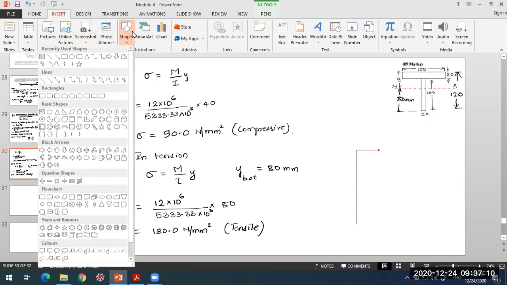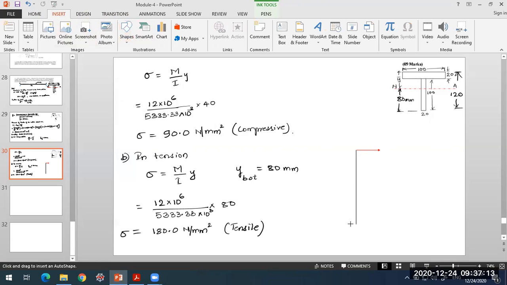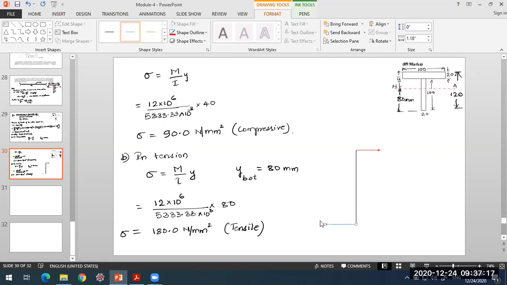Now on the bottom we have tensile stresses, so the direction should be opposite to what we have chosen for the top one. This is the maximum stress at the bottom, which is tensile in nature. The variation here will be linear. As you vary the y distance of the extreme fiber from the neutral axis, that will tell you the variation.